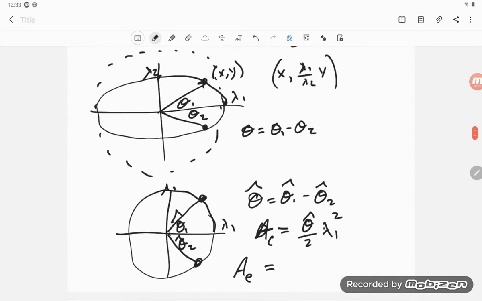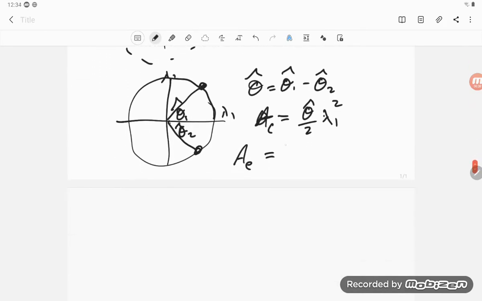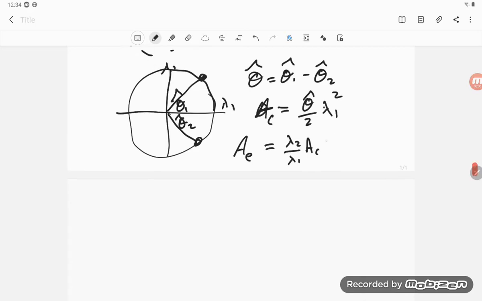Remember I multiplied through by lambda 1 over lambda 2, so to undo that, I'm going to multiply lambda 2 over lambda 1 times A C, and so what that gives me is theta hat over 2, and then I had lambda 1 squared, but I'm dividing by a lambda 1 and multiplying by a lambda 2, so I end up with a lambda 1 times lambda 2 here.